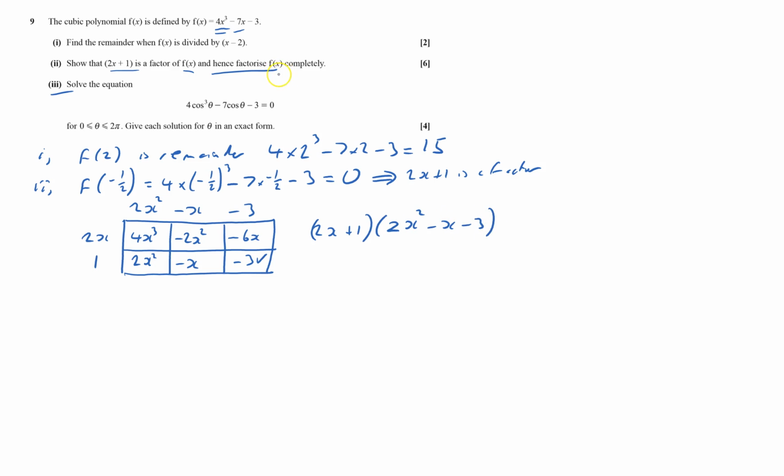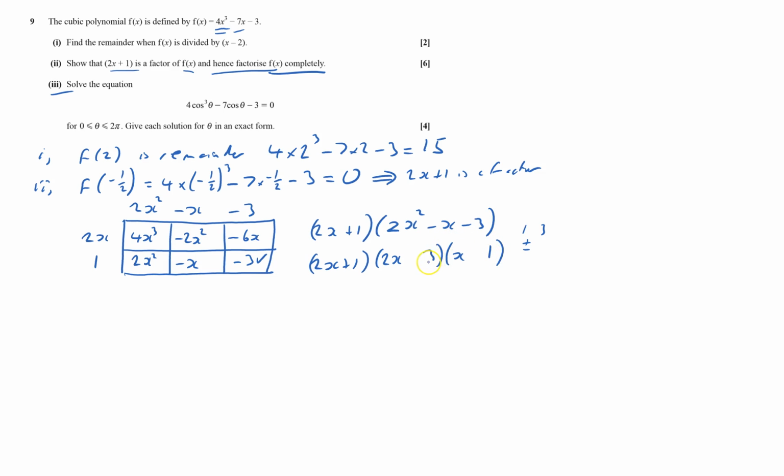Pretty much there. Factorize it completely. I'm guessing that's going to factorize again. So 2x plus 1, and see if I can factorize this. That's going to be 2x and x. I've got to get 3, so it's got to be 1 and 3, and it's going to be one positive and one minus. If I put the 3 here, that means 2x is going to be times by 3, that's going to be 6x. That's going to be too much.